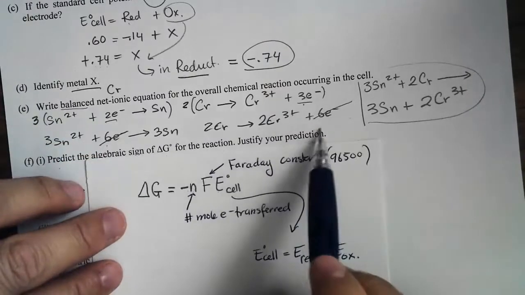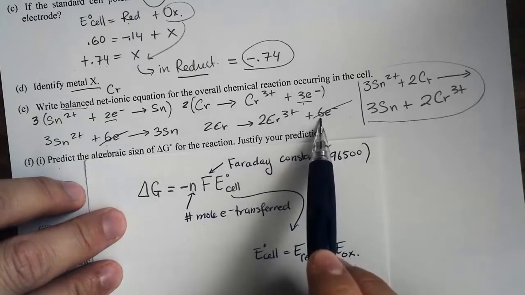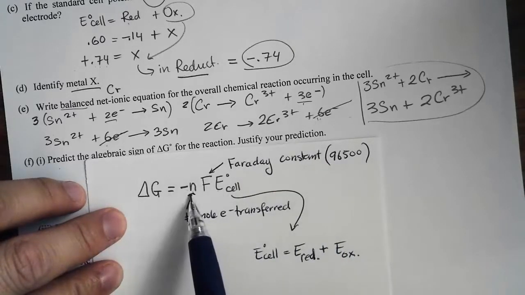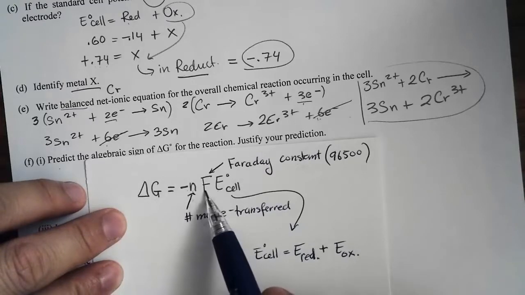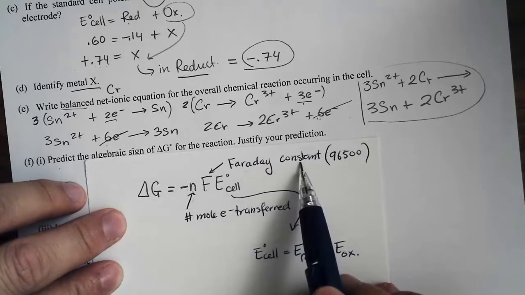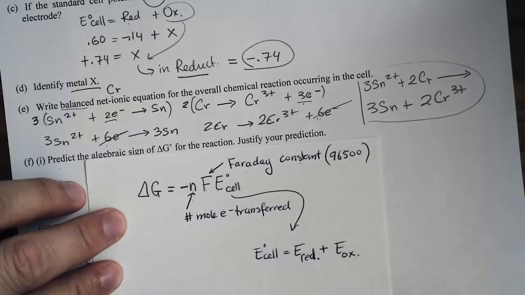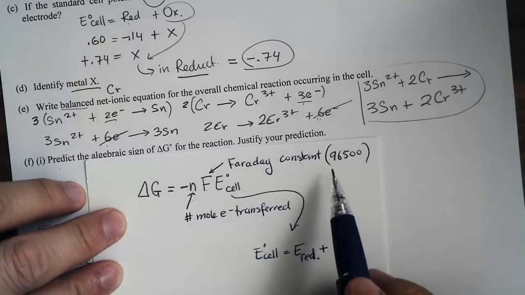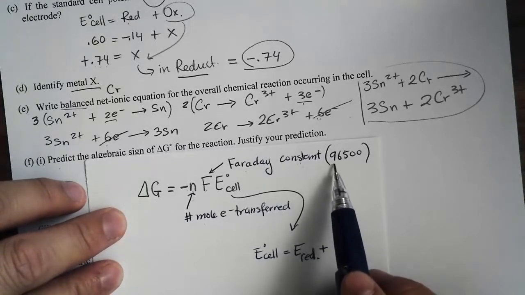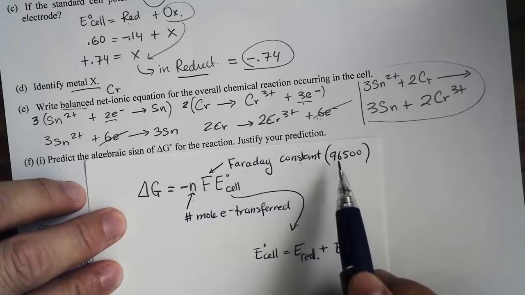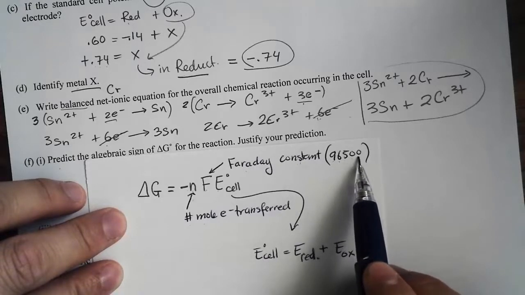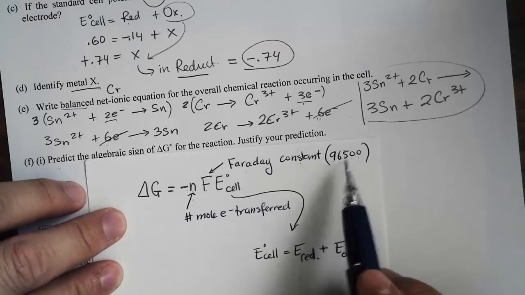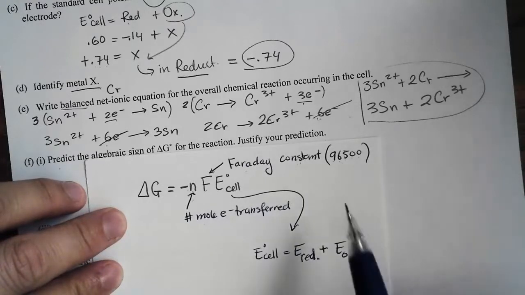In this case, the balanced equation tells us that 6 electrons are being transferred. So N is equal to 6. And F is the Faraday constant, or specifically the Faraday constant conversion factor. Basically, for every 1 mole of electrons, there is 96,500 coulombs of charge.